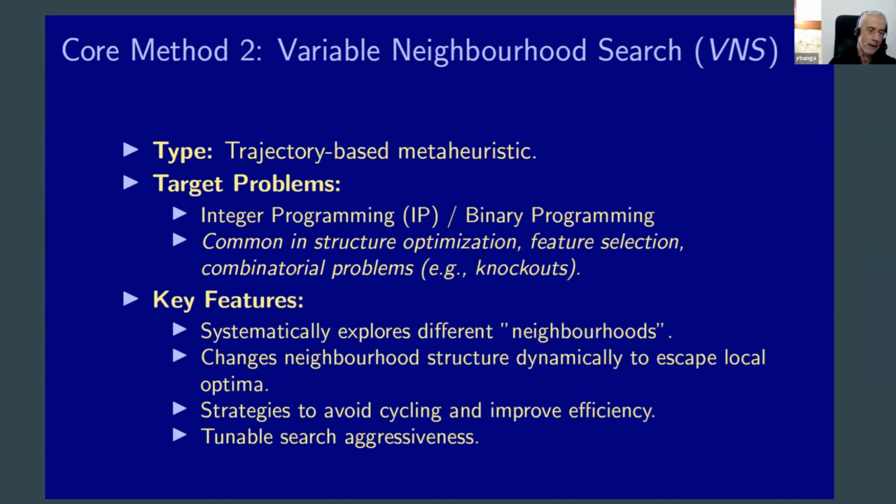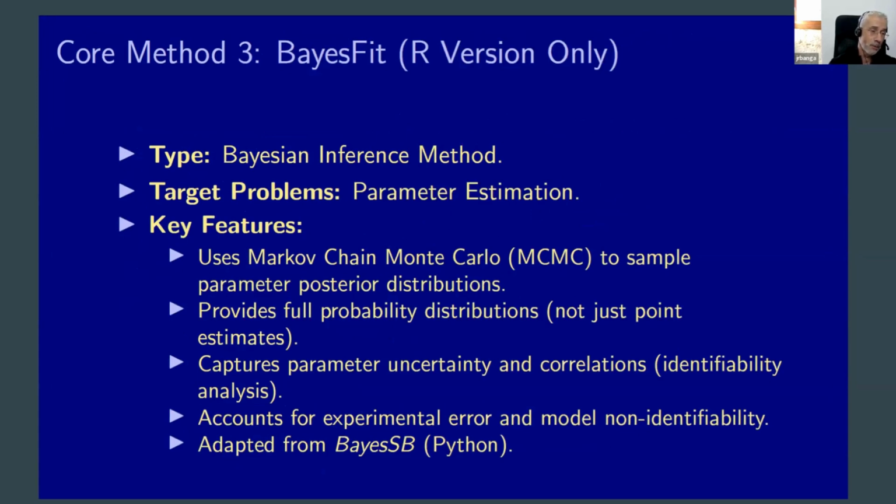For example, finding the knockouts in metabolic engineering is a typical application. We also, by the way, in the R version only, not in the MATLAB one, included a Bayesian fitting method because some people are also fond of this type of approach, to be compared with our other metaheuristics.